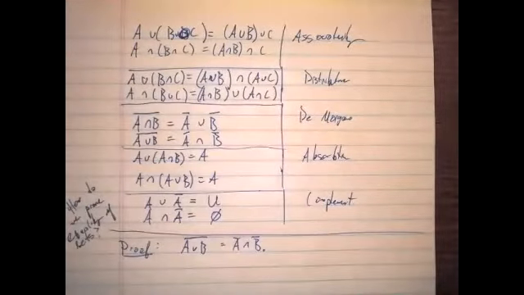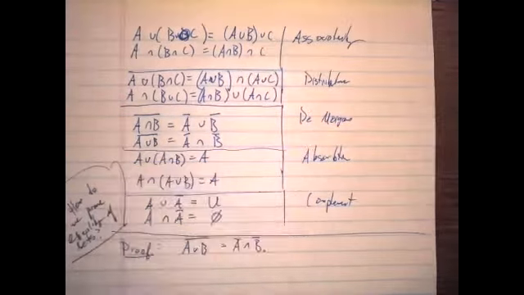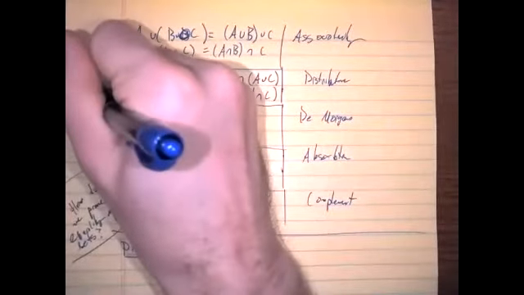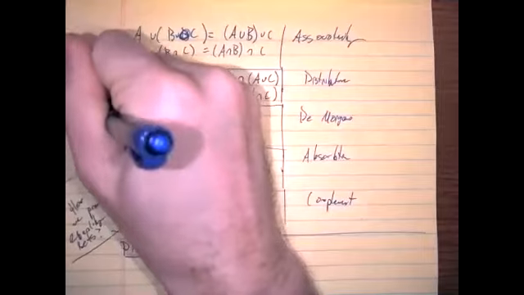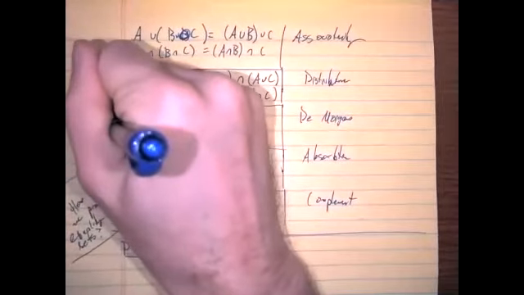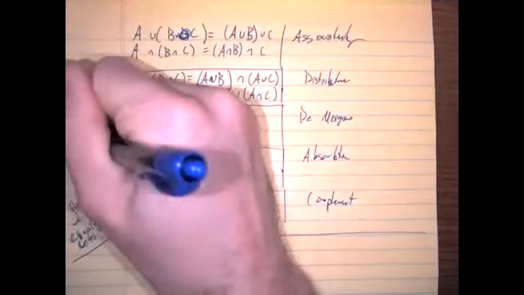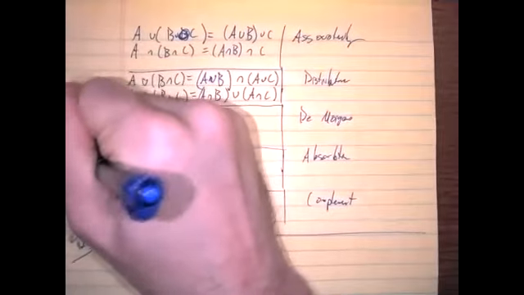That is, you prove A is a subset of B, and then you prove B is a subset of A. A is a subset of B, and B is a subset of A.